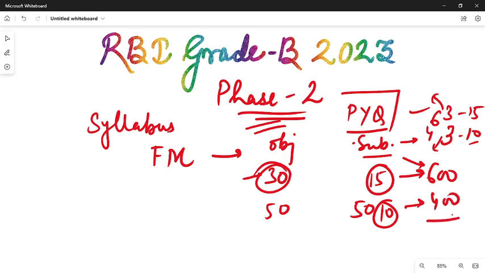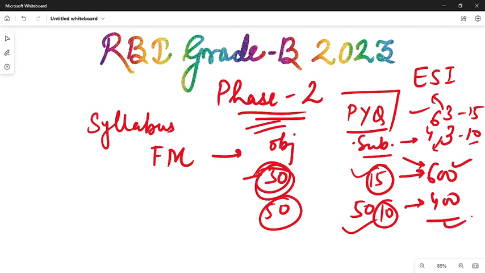That is the main criteria for the subjective portion of finance and management, and similar is the case for the ESI as well. 30 questions will be objective and worth 50 marks, and you will be encountering 6 questions worth 15 marks and 10 marks respectively, and you have to write in the similar word limit.